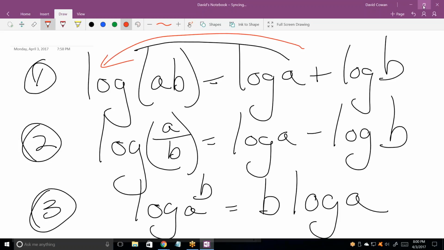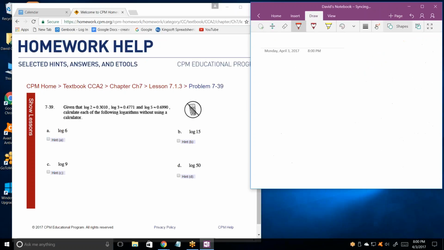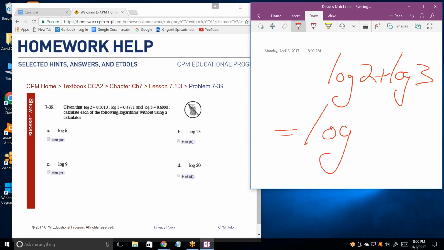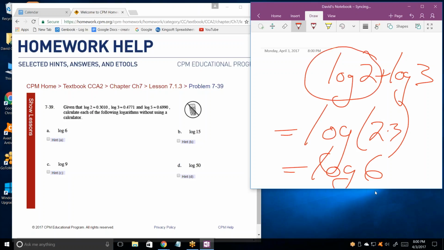In other words, if I told you I had the log of 2 plus the log of 3, I would know that that's got to be equal to the log of 2 times 3, which is the log of 6. So if I wanted to know the log of 6, all I got to do is look in my calculator what the log of 2 is, add it to the log of 3, and I got the log of 6.